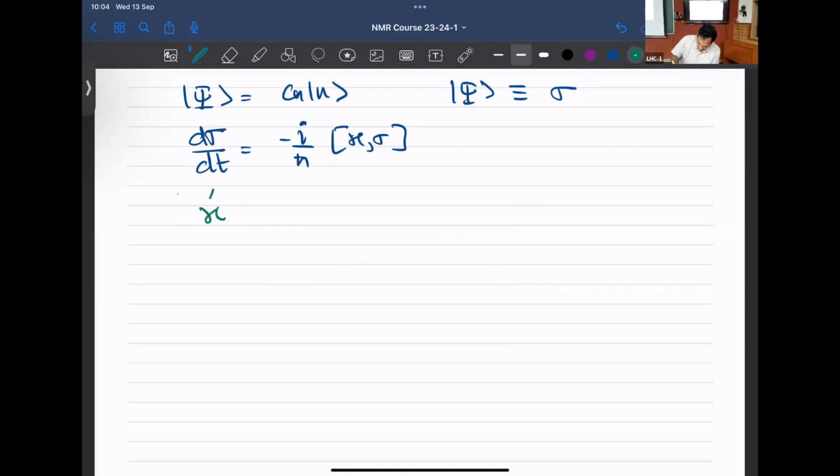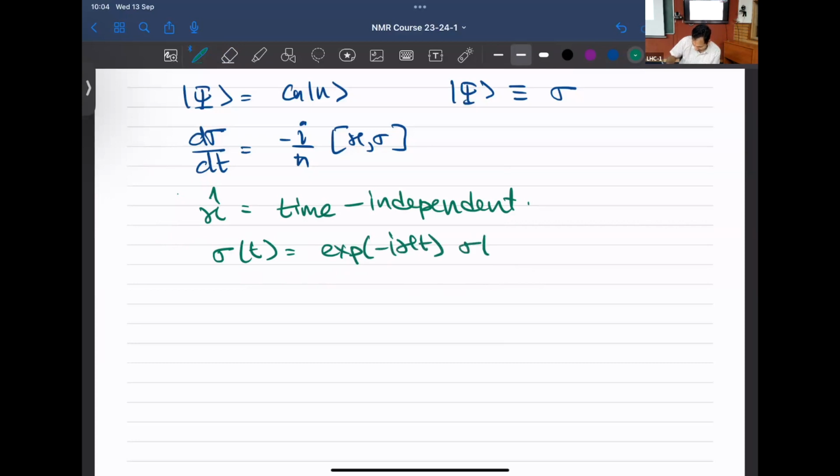So we said if the Hamiltonian is time independent, then the solution for such an equation is given by sigma of t equal to exp minus iHt times sigma of 0 times exp iHt.